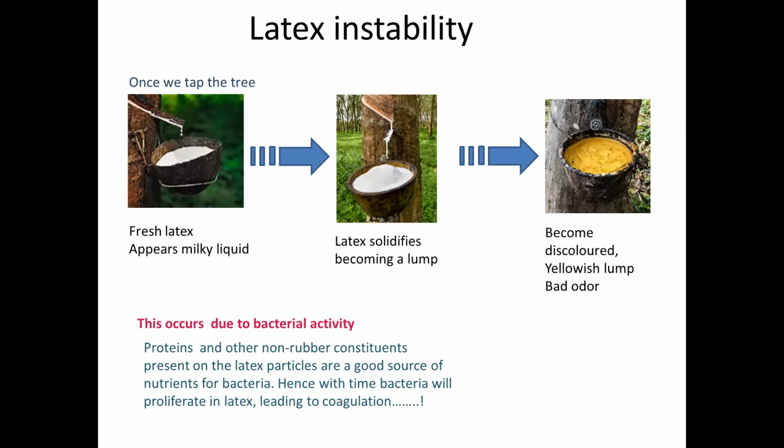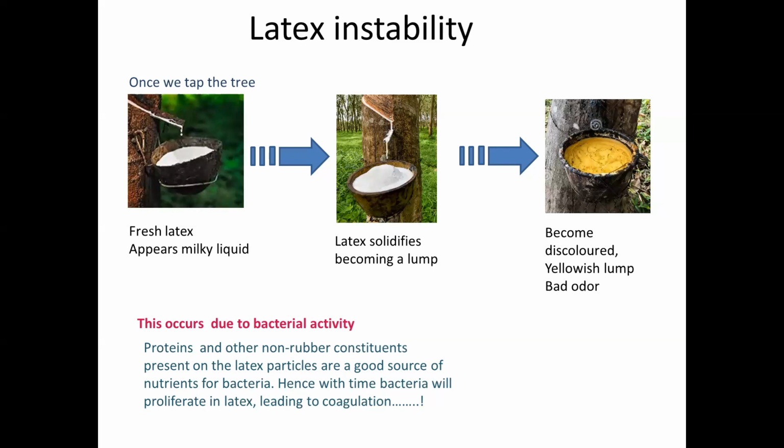All these non-rubber constituents are nutritious, so this medium is very nutritious for bacterial growth. Now the bacteria is growing on the latex, so these components will give rise to acidic constituents upon this bacterial activity. And this bacteria will grow.